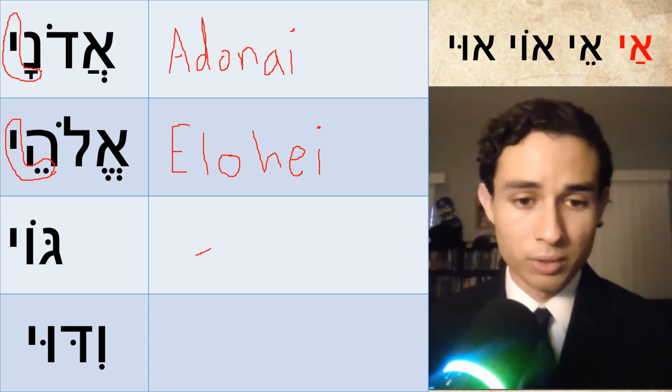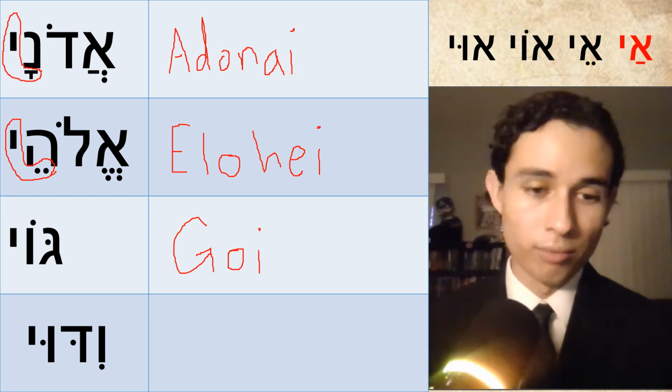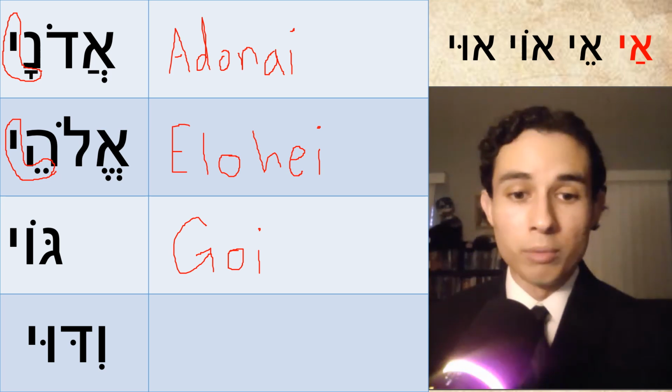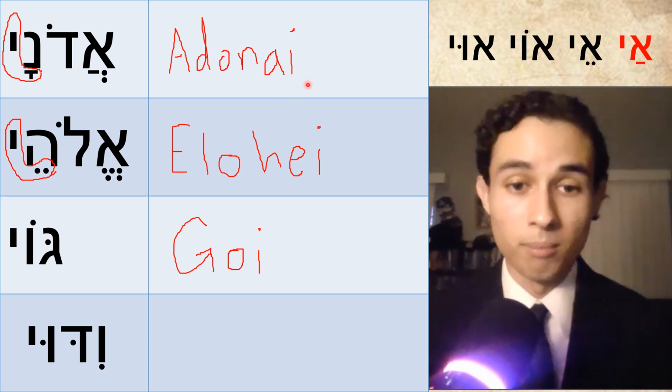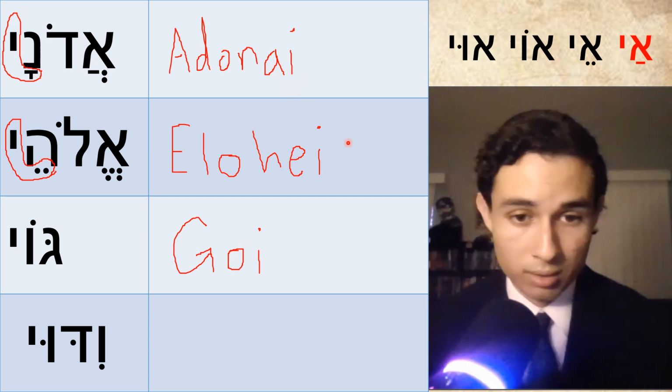And then we have this third word, which I hope you get the gist of now. We're going to start off with a gimel, a cholam maleh, and hey, look at that, a final yod, we'll just put an I. This is goy. Actually, let me go back to say Adonai means my Lord. Elohei means my God.